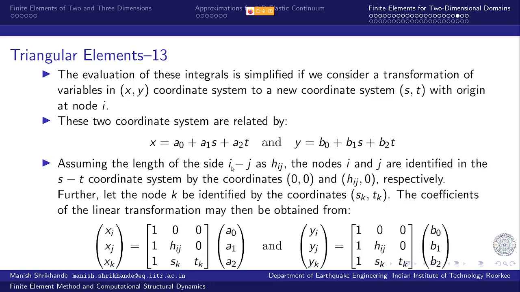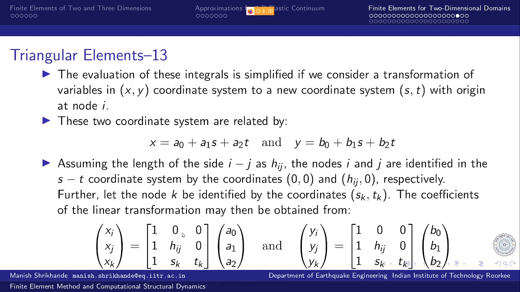Assuming the length of the side ij as hij, nodes I and j are identified in the st coordinate system by the coordinates 0, 0, and hij, the length of the element along the ij edge, and 0, that's the t coordinate. And let us say there is a third node that has the coordinates sk and tk.